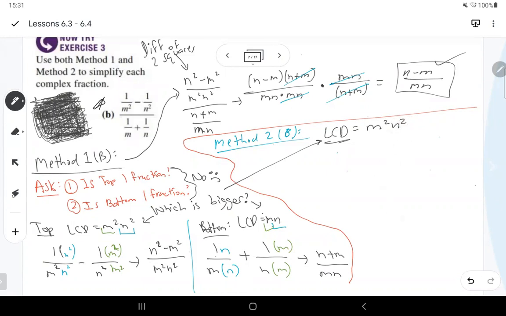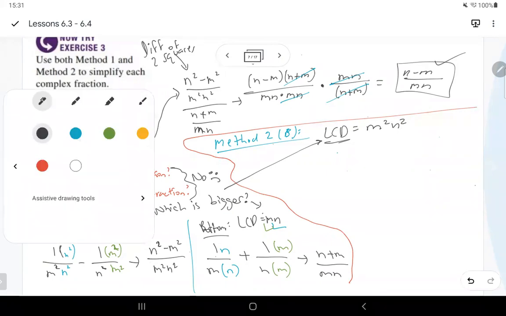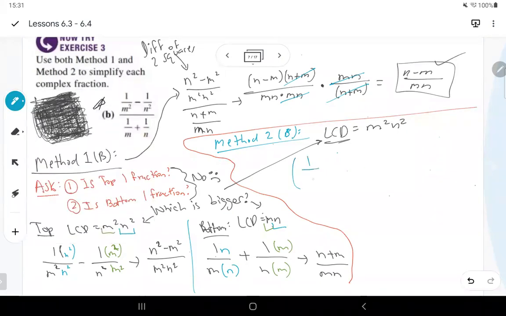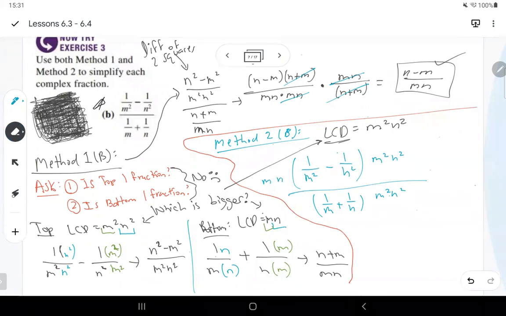Okay, so then all we do now is take our problem and multiply the top and the bottom by the LCD. It might help if you write it on both sides so you can cross out for each piece, or you can distribute it, whichever method works better for you.